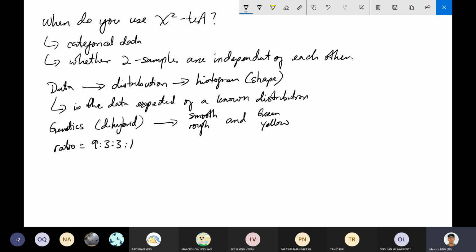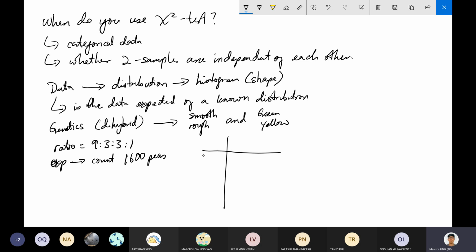Make sense? So let's say in the experiment you count, because 9:3:3:1 adds up to 16, so let's say you count 1,600 peas. Do you expect it to meet exactly 900, 300, 300, 100? No, right?